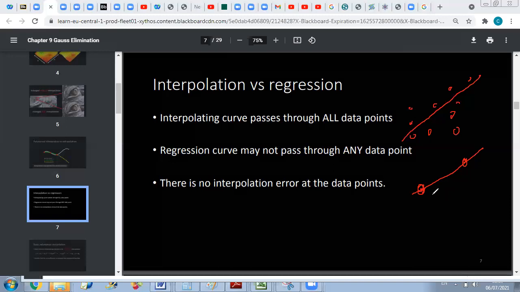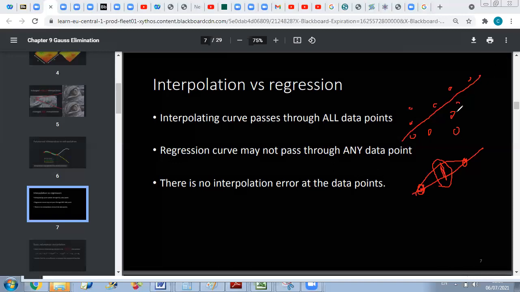So no error here. But on the other hand, we will have error in between. Of course, the summation of errors here will be higher than the error in the regression case, because in that case we minimize the error. We did a minimum possible error to have a function passing by all of these points.